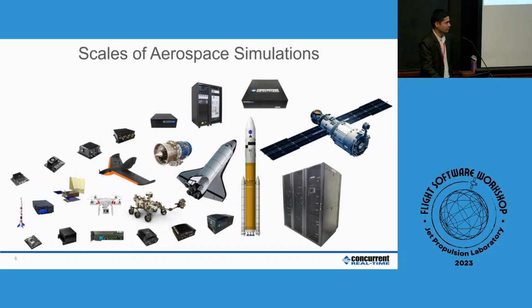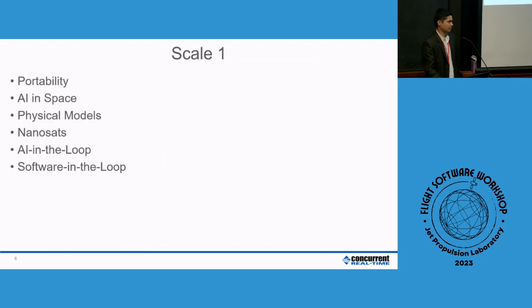Okay, so let's break it down into different scales. First of all, if you talk about a very small scale application, your priority can be portability. You want to do some kind of AI in space in a small embedded box. You want to work with physical models or prototypes of your actual big system, such as nanosats, which are a perfect example for this scenario. And the X here could be the AI or could be software in the loop.